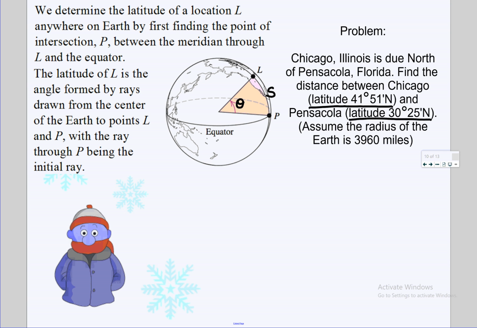So what you need to write down is your two latitudes here, Chicago and Pensacola, Florida. And then they're also telling us that we are supposed to use the radius of the Earth as about 3,960 miles.